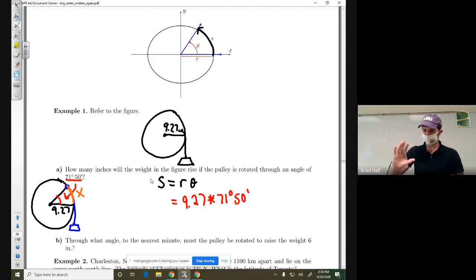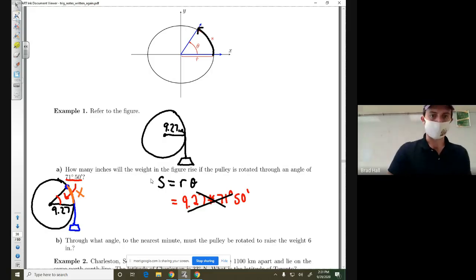That's incorrect. You do not use degrees. You have to use radians in this problem. The formula makes you use radians. Quantitatively, it's the same reason why when we figure out 20% of something, we don't multiply by 20, we multiply by 0.2. This is the same idea, so we have to convert this.